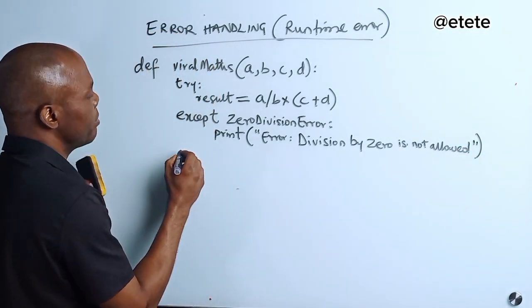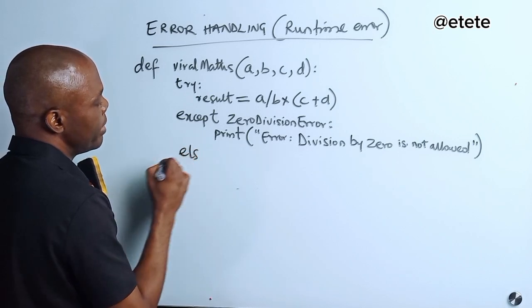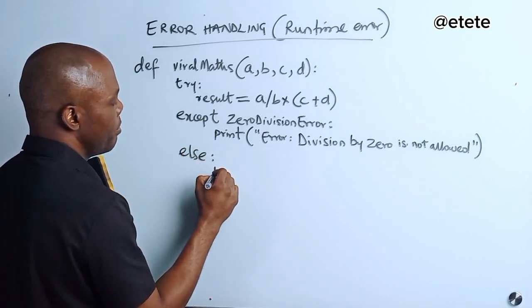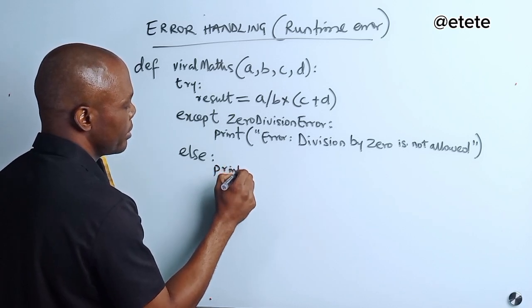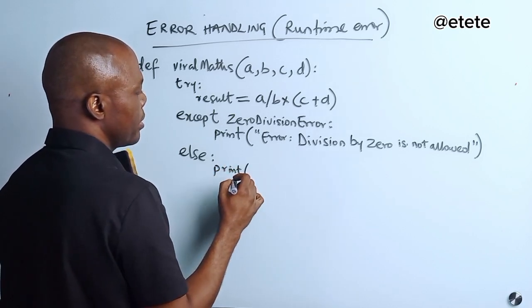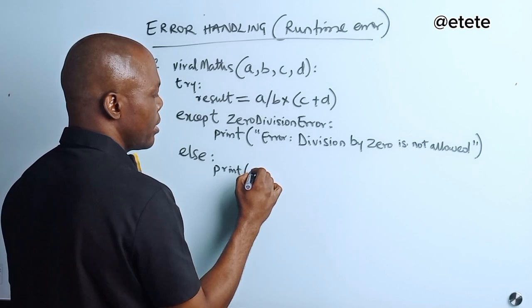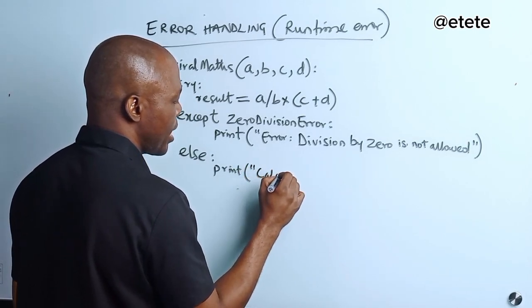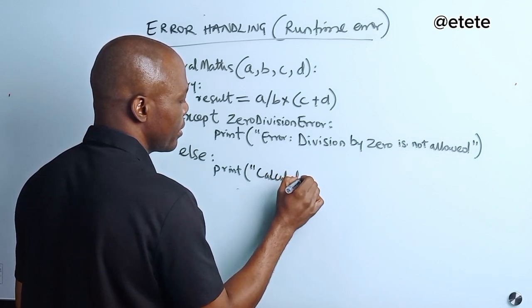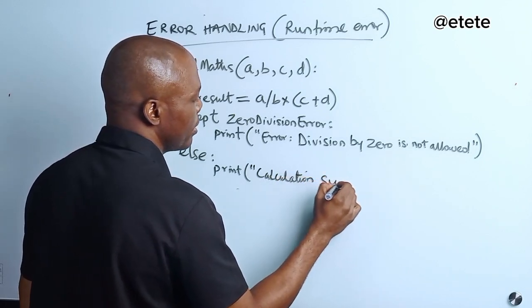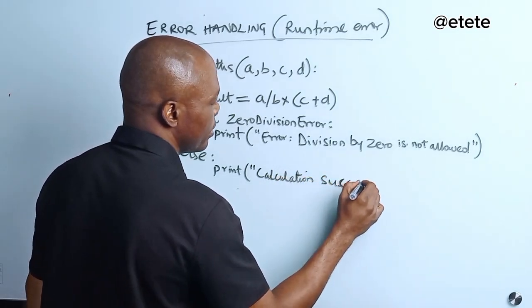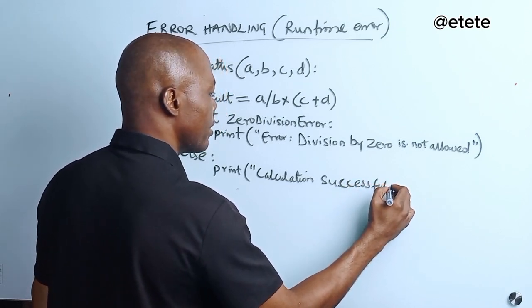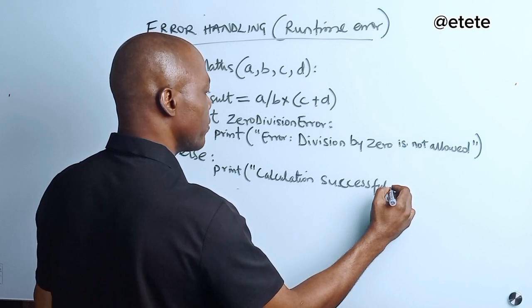Then I will come to my else block, where the calculation is correct. Else, print calculation successful.